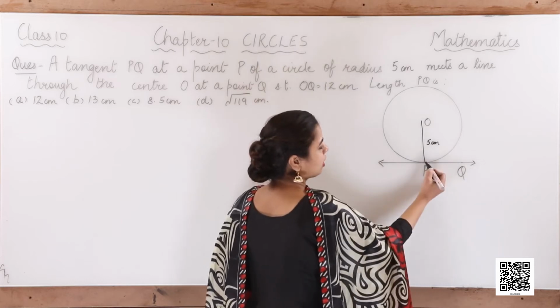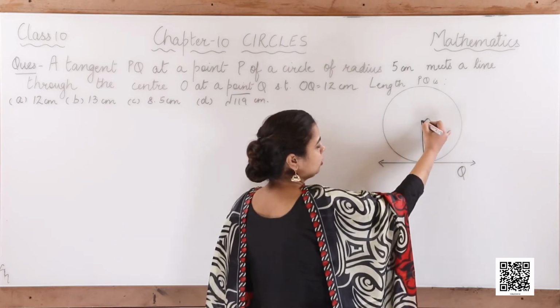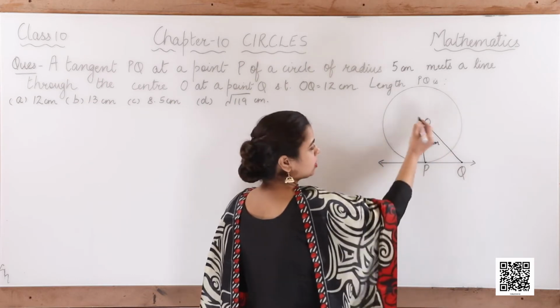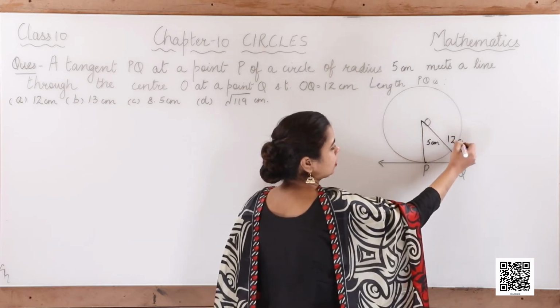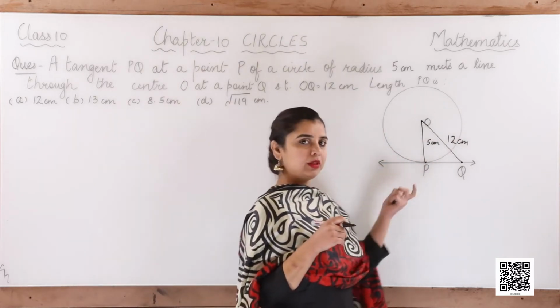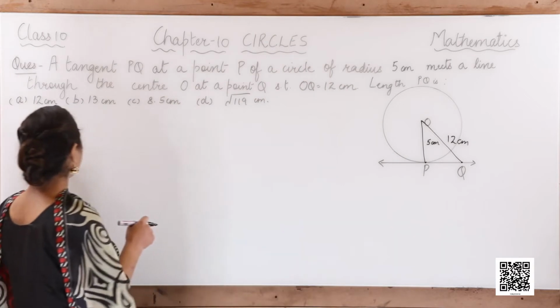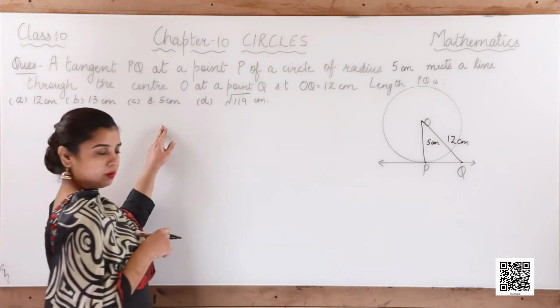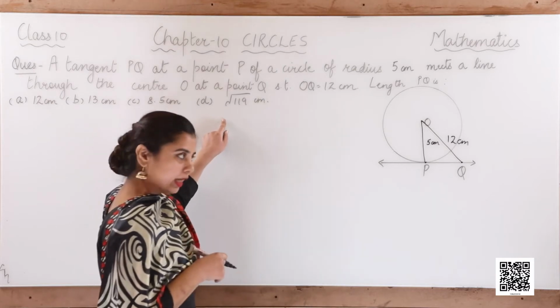This is the tangent at the point P and a line through the center meets this tangent at the point Q such that OQ is equal to 12 cm. We have to find the length of PQ and we have been given 4 options: 12 cm, 13 cm, 8.5 cm and square root of 119.